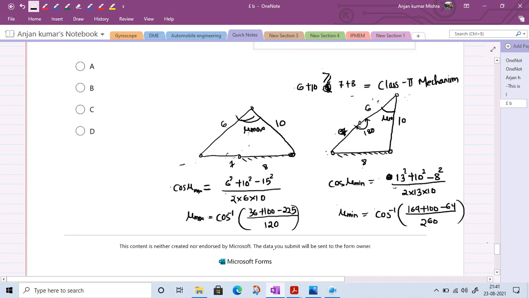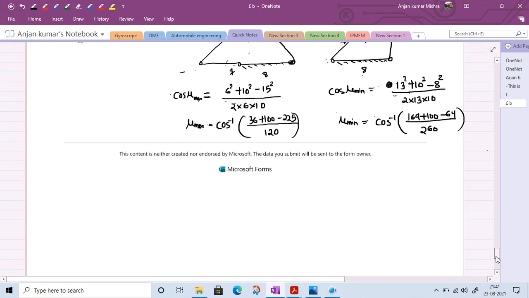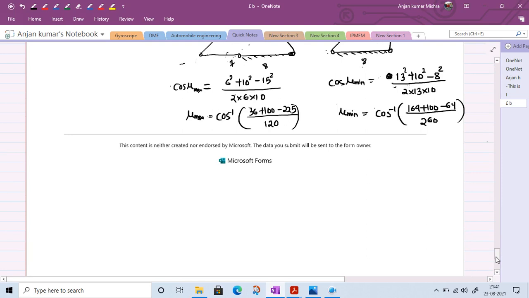If we calculate by using our calculator, the answer is coming out to be mu max equal to 137.8 degree and mu min equal to 37.9, that is approximately 38 degree.